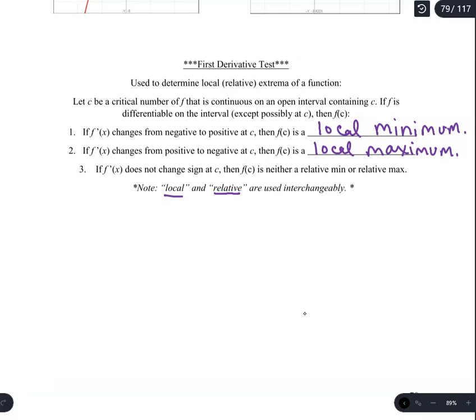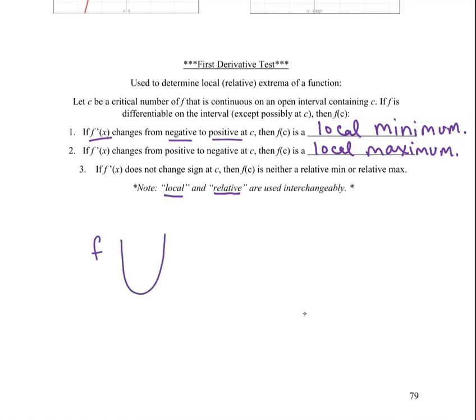And those definitions, I think, are somewhat intuitive if you think about increasing and decreasing and what this tells you. If f prime changes from negative to positive, that means that f changes from decreasing back to increasing at that location, if that's C. So if we're looking at this on a graph, maybe this would be C, then that would mean we have a local minimum, right?